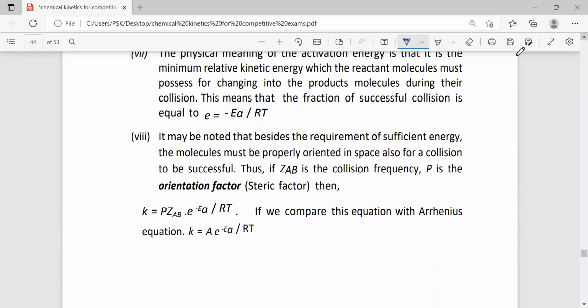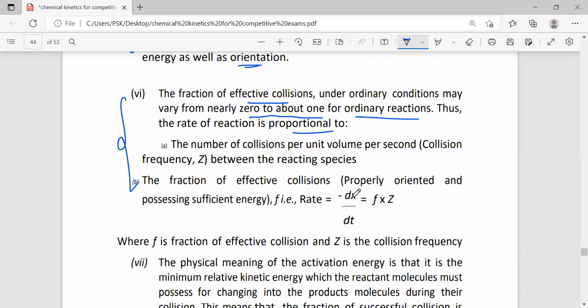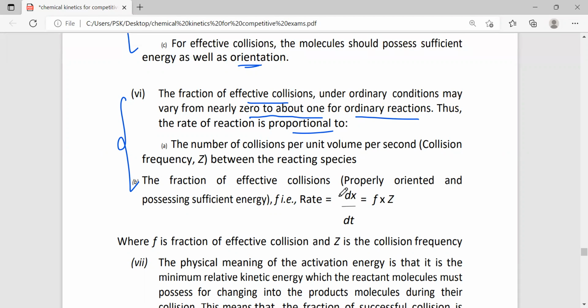Now coming back to these concepts. The fraction of effective collision under ordinary condition may vary from 0 to about 1 for ordinary reactions. Thus, the reaction rate is proportional to, see, reaction rate. The rate of a reaction is represented as -dx/dt. Why this minus sign? This minus sign indicates the decrease in concentration of the reactant.